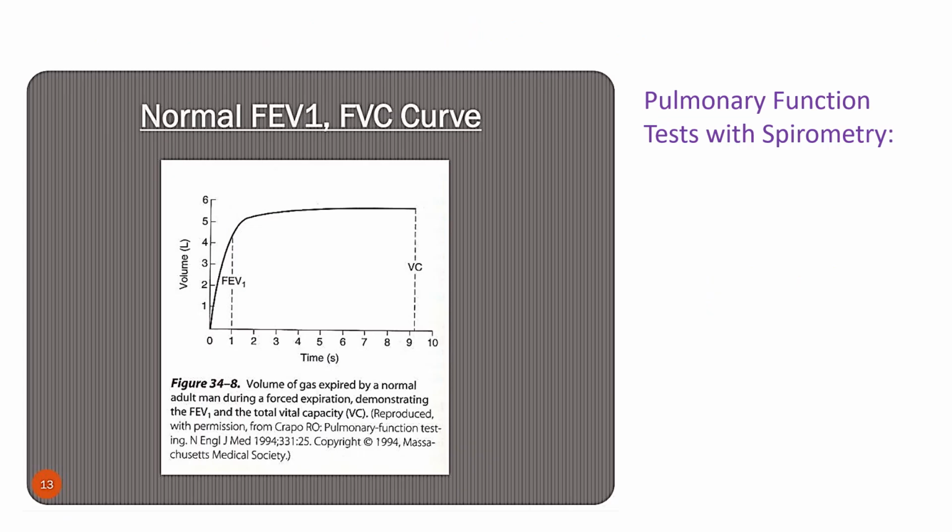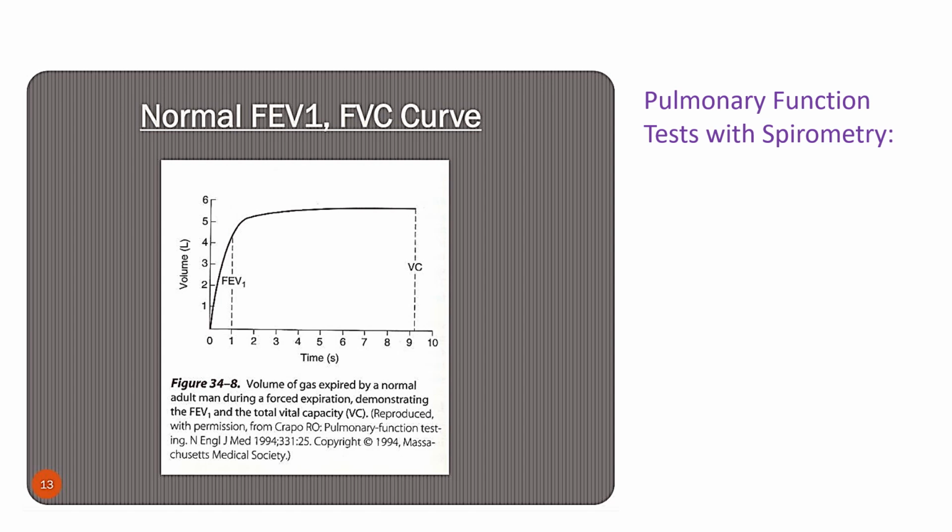And not only do we have overall volumes, it's how much of the volume you can move in a given period of time. You may be a pair of legs with lungs, like a professional cyclist, and have huge capacity. But if you can't move it, you'll have problems. That's why we call it obstructive disorder or restrictive disorder.